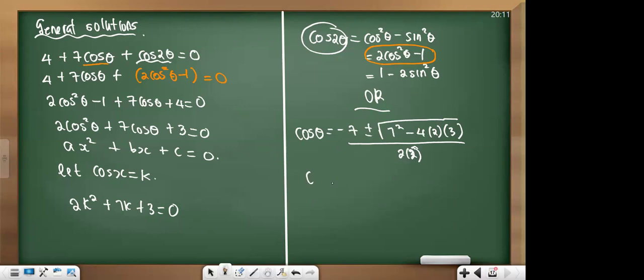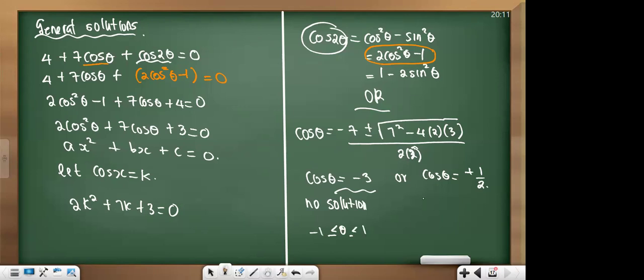And cos theta, the first answer will be negative 3, or cos theta will be positive 1/2. This one, there's no solution. You can even try cos inverse of negative 3, it is going to be no solution. Why? Because the range of cos is between -1 and +1.